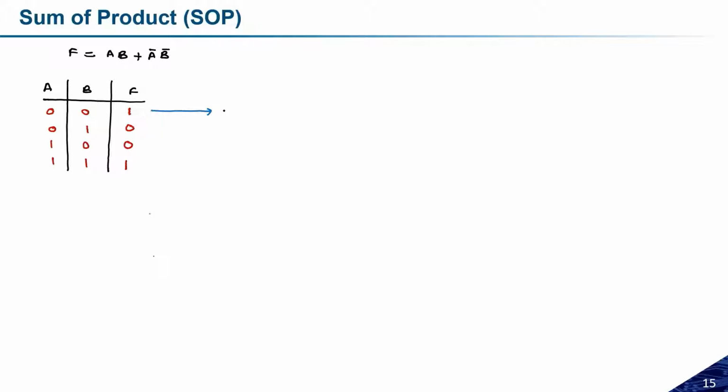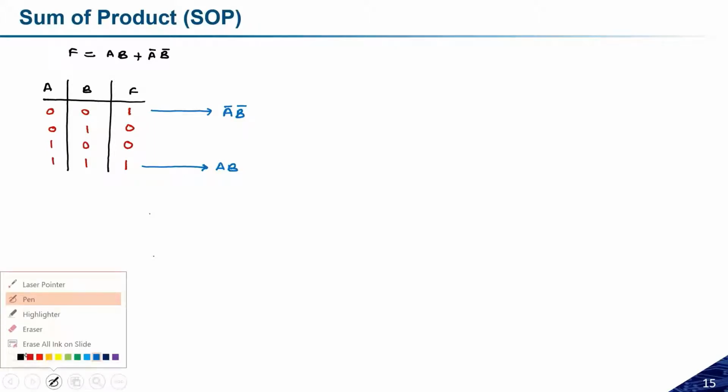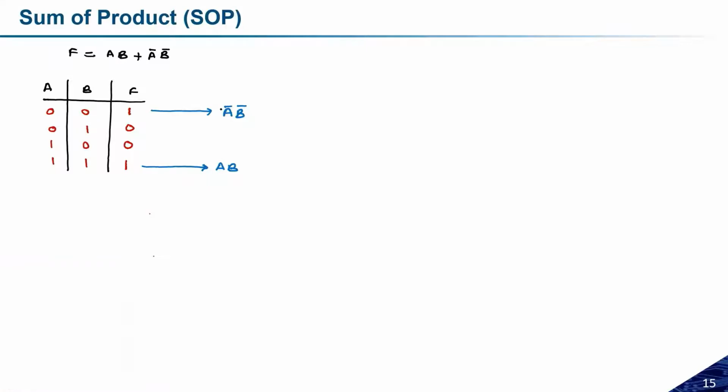Here I have the a bar b bar term. Second term, this function is high, so I need to consider a bar and b. And the last term indicates ab. The terms which we just got here are nothing but the min terms.